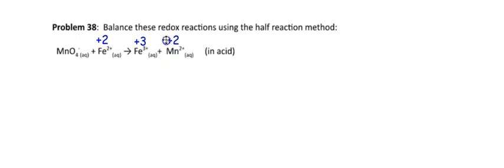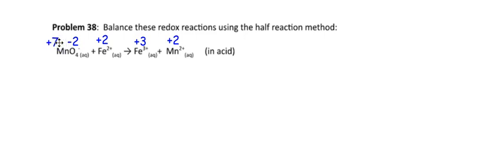Manganese with a charge of 2+ has an oxidation number of +2. But now let's look at permanganate. I know that oxygen is going to be -2. So go ahead and do that math. What plus 4 times -2 equals -1? Did you get +7? Hopefully you did.